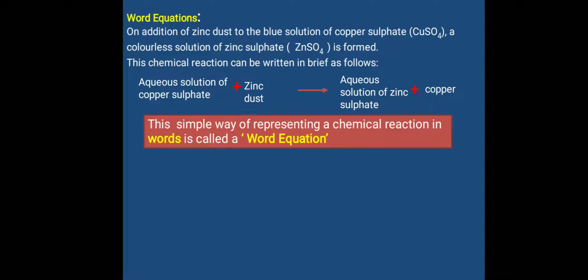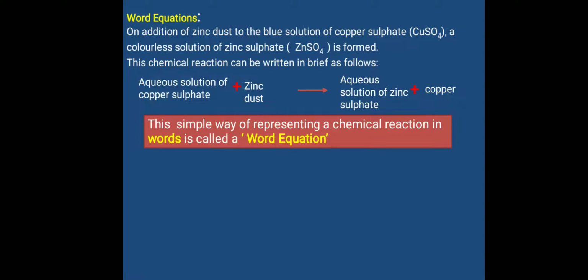Now, what is a chemical equation? Let's have the same example. On addition of zinc dust to the blue solution of copper sulfate, a colorless solution of zinc sulfate is formed. The above word equation can be written in condensed form by using chemical formulae.